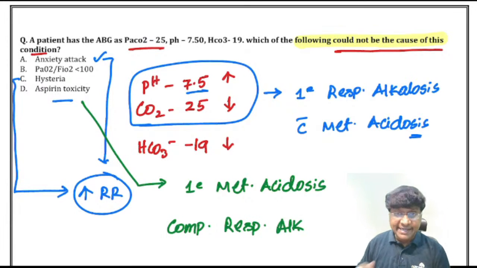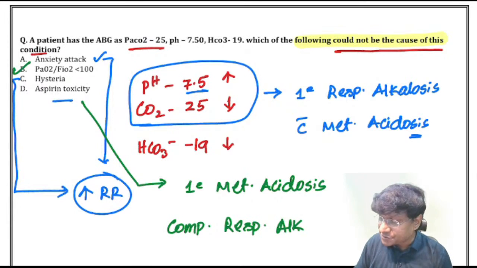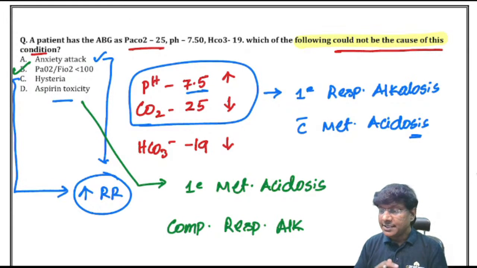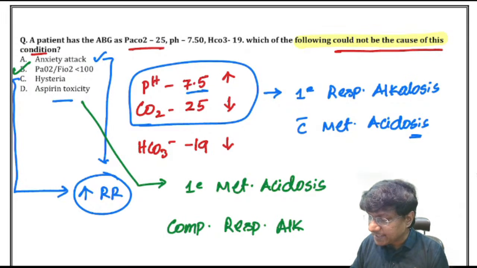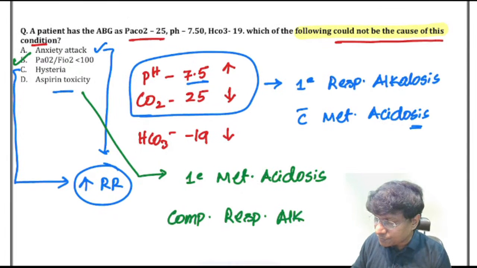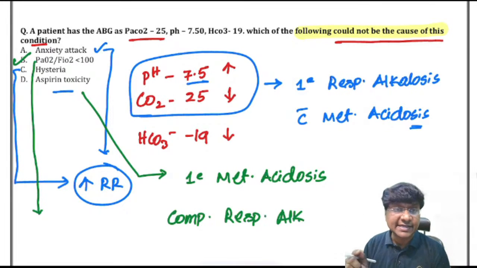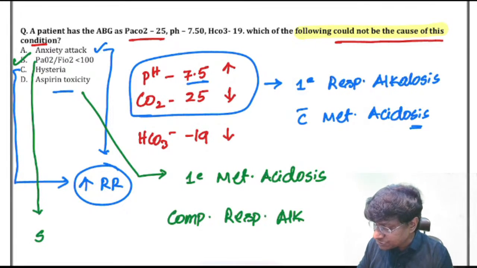Whereas you take the second option, PaO2 by FiO2 less than 100. In which condition will you have this? You will have this in patients with severe ARDS.